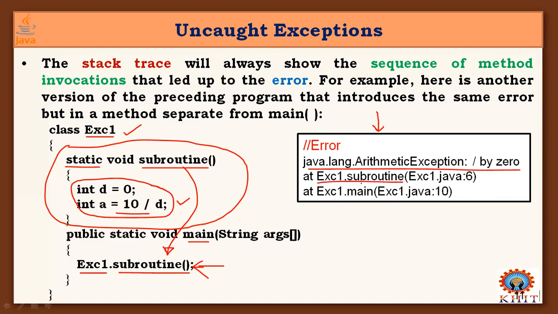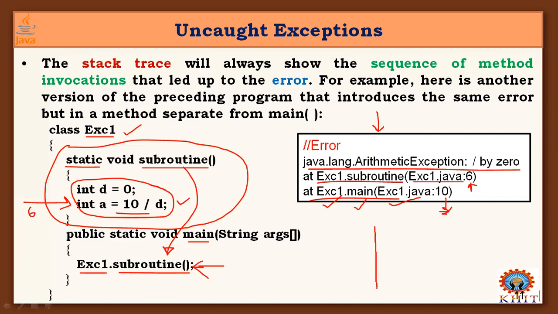This is the class name, method name, file name, and line number, that is 6. So here it is line number 6. And after that at main, it is the class name, method name, file name, and line 10.